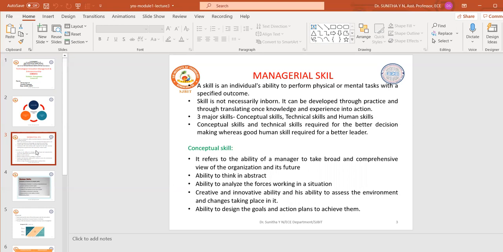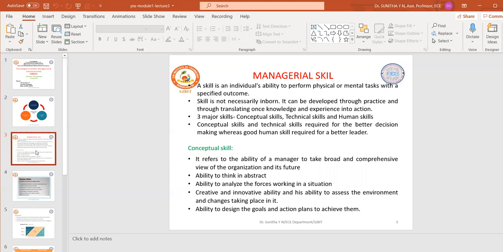He should be in a position to think at an abstract level. He should be in a position to analyze the forces working in a situation. He should have an idea of the factors affecting the organization. So creative and innovative ability, and his ability to assess the environment and changes taking place in it.